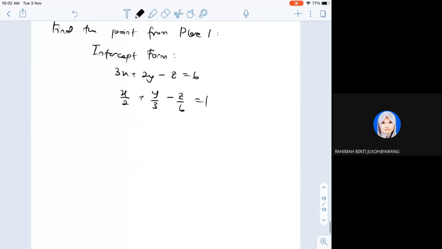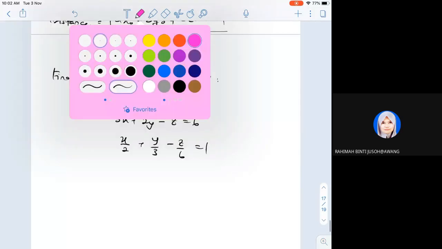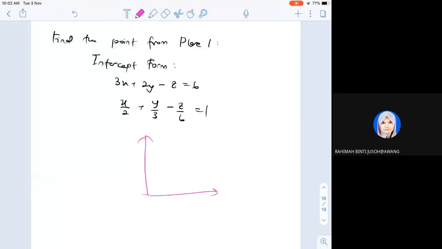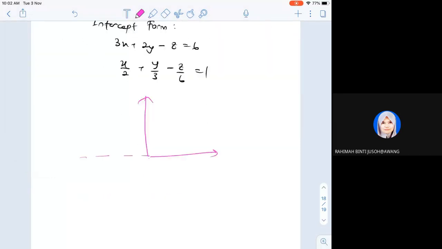Okay, so you can have the graph. Okay, coordinate x, y and z. So x equals to 2, y equals to 3 and z equals to negative 6. So we have this plane.